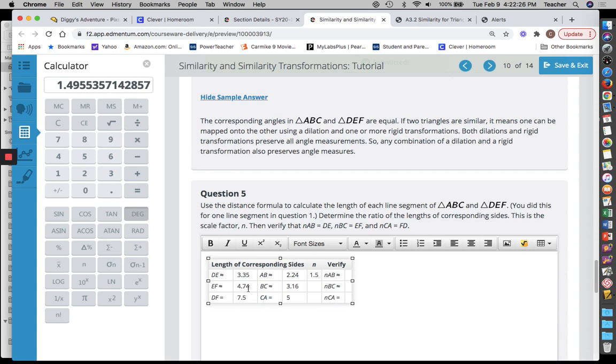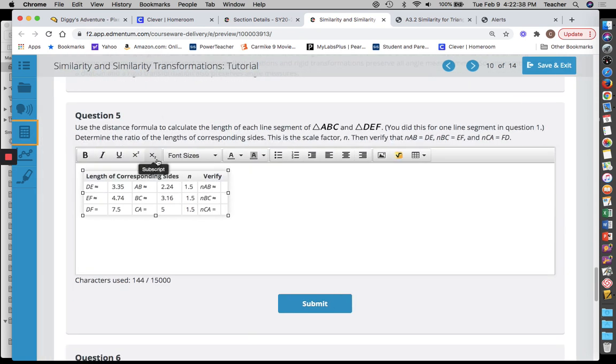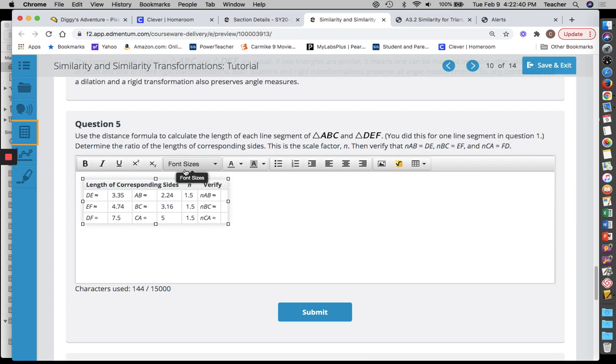If I take 4.74 and divide by 3.16, I'm going to get roughly 1.5. 7.5 divided by 5 is 1.5. You can't have a scale factor on one side and it not be the same for the other ones.